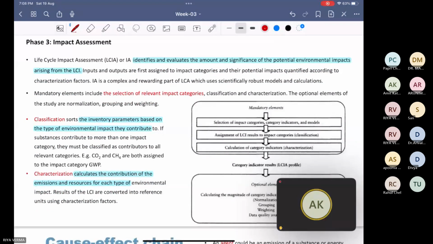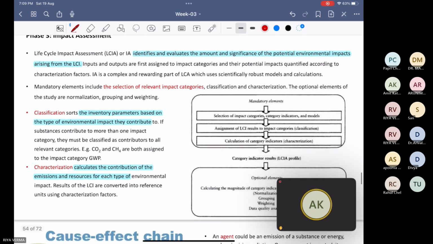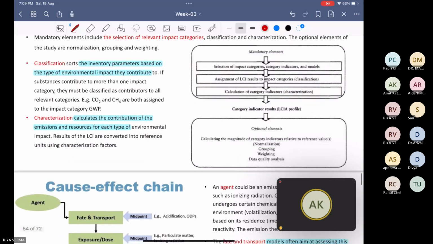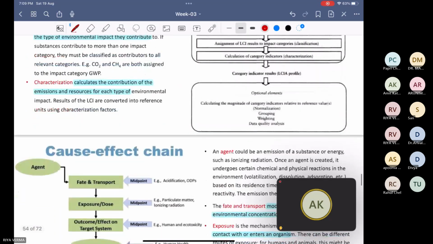Impact assessment identifies and evaluates the amount and significance of the potential environmental impacts arising from the life cycle. For that, we first need an idea of the inputs and outputs, then only can we define what the impacts of different activities are.